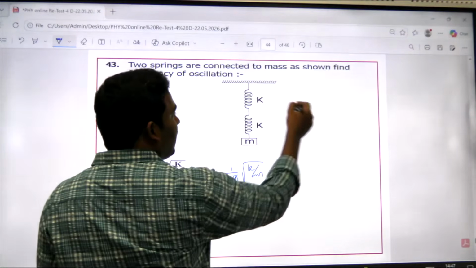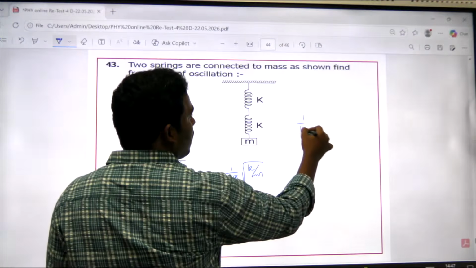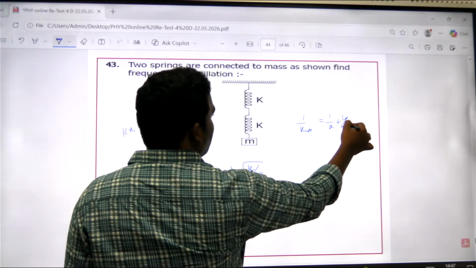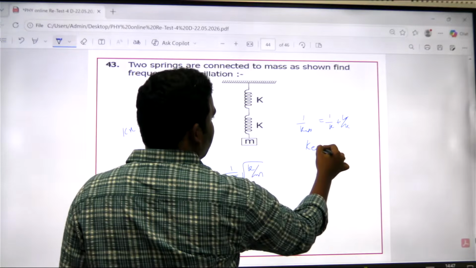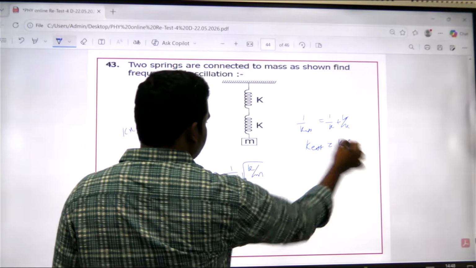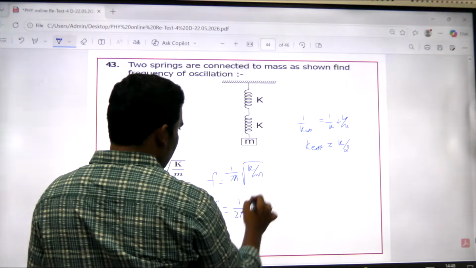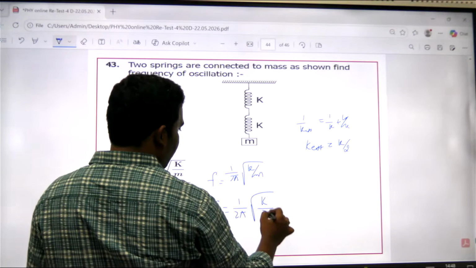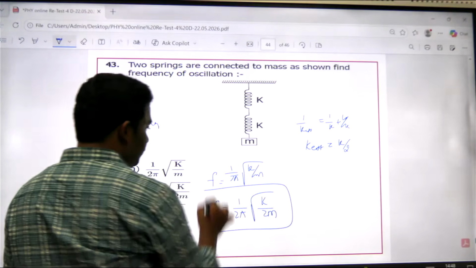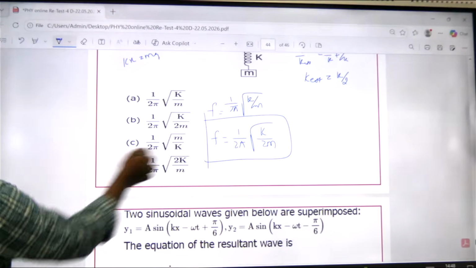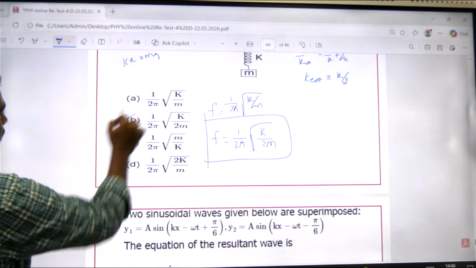If they are connected in series, the effective spring constant would be 1 by k plus 1 by k, so k effective would be equal to k by 2. So the frequency would be 1 by 2 pi into under root of k by 2m, and we shall move to the next question. K by 2m is option B.